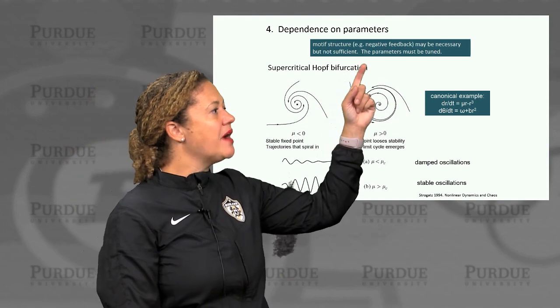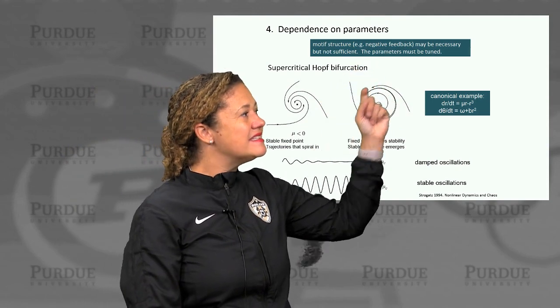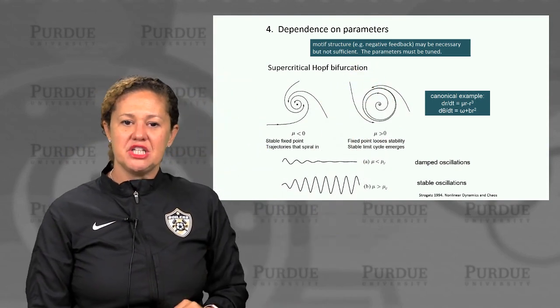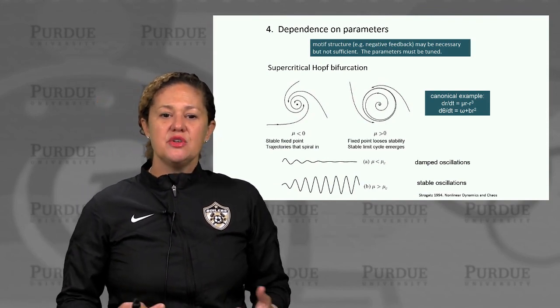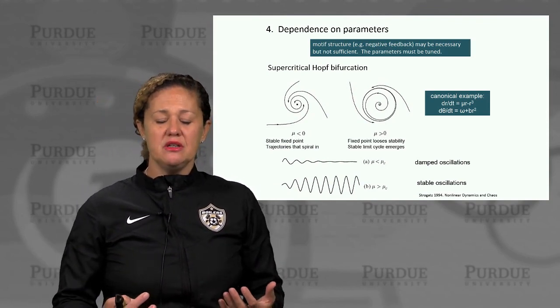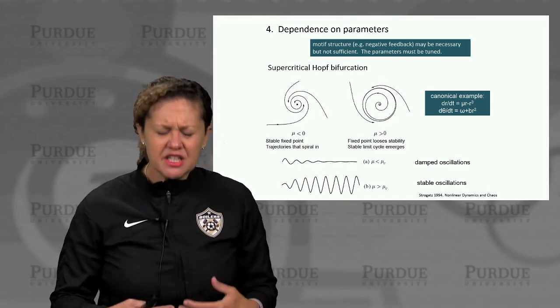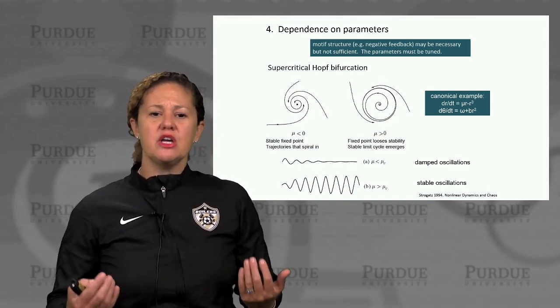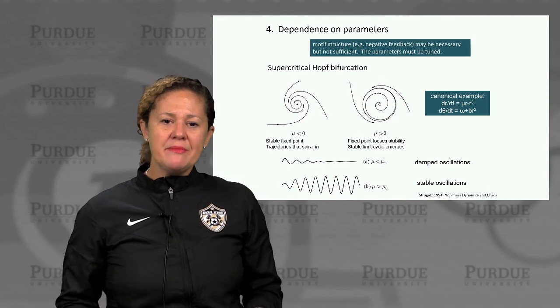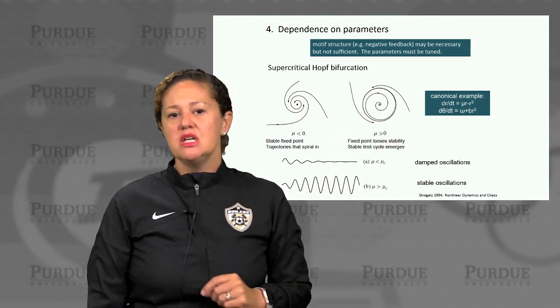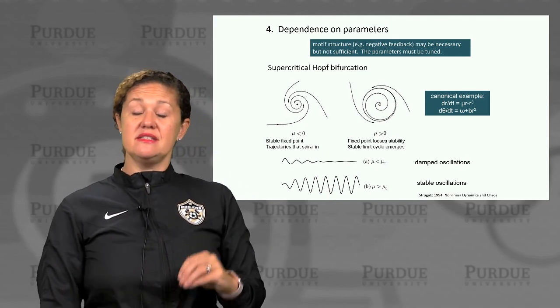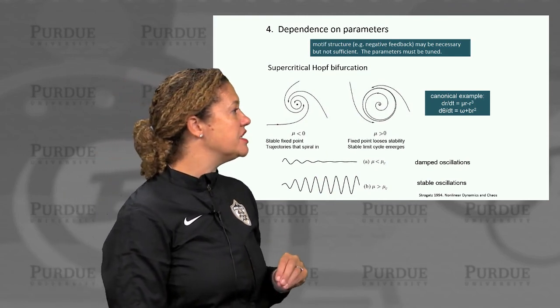So the motif structure itself may be necessary, but not sufficient. The structure will affect the form of our equations, but the parameters within those equations must also be tuned. Not all parameter sets will necessarily give oscillations.